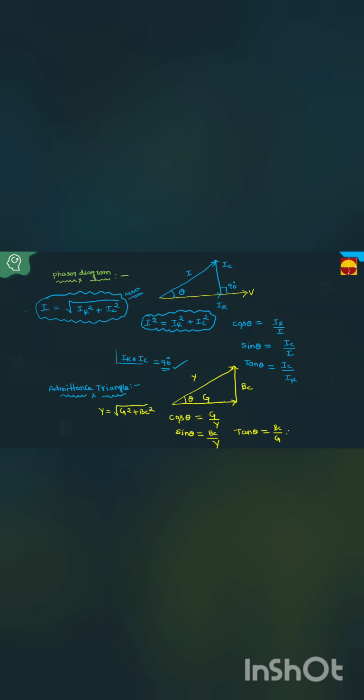Can you try for the power triangle? How to get the power triangle? Every vector in the admittance triangle is multiplied with V square. Then you draw this power triangle.